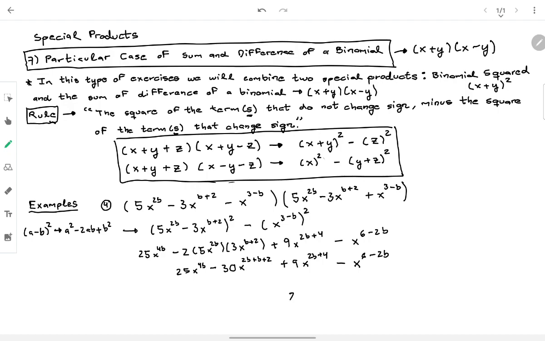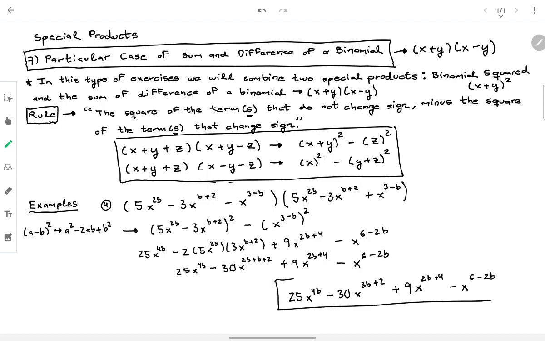So the final answer is going to be 25x to the 4b minus 30x to the 3b plus 2 plus 9x to the 2b plus 4 minus x to the 6 minus 2b. And this is going to be our final and ordered answer.